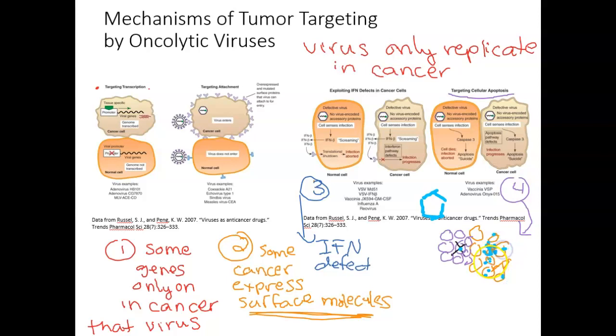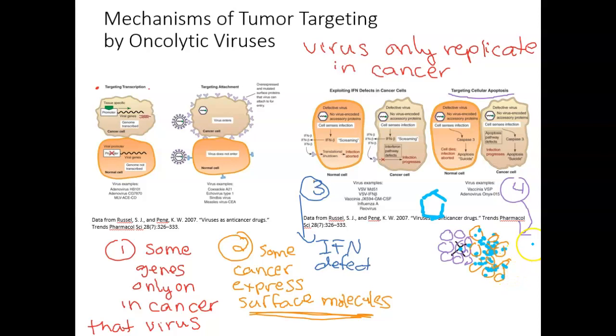And then when the virus spreads, it winds up killing these tumor cells, but when it goes to spread to healthy cells, the infection can't spread far into the healthy tissue.